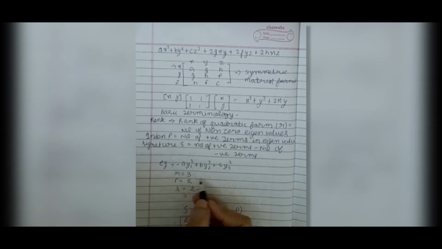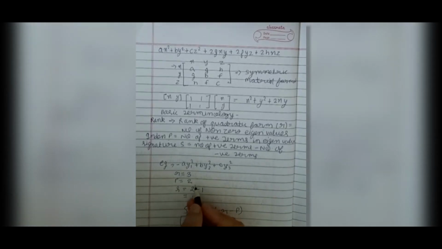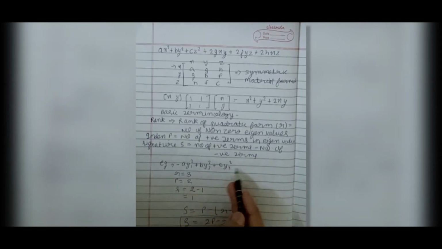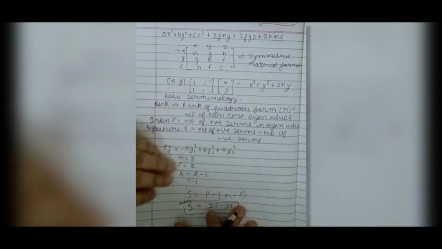And P, the number of positive terms in the eigenvalues, will be 2 because there are two positive terms. S is the signature, which is the number of positive terms minus negative terms, where positive terms are 2 and negative term is 1, so 2 minus 1 is 1. There is one more formula for signature. Note this down. Signature equals 2P minus R. P is index, R is rank.